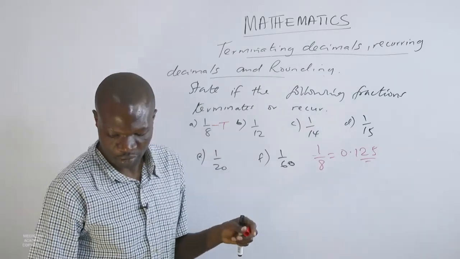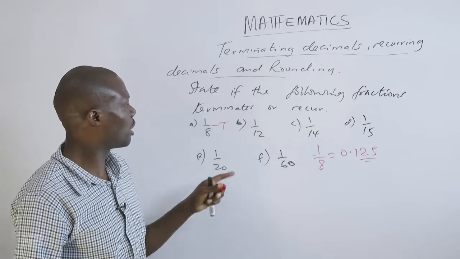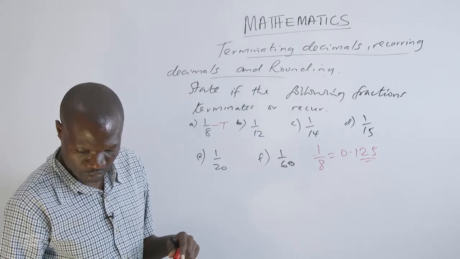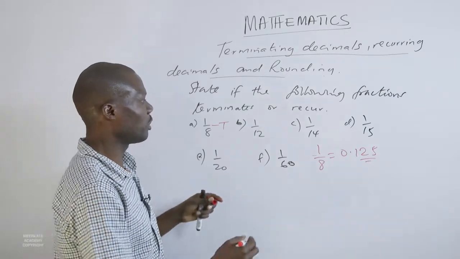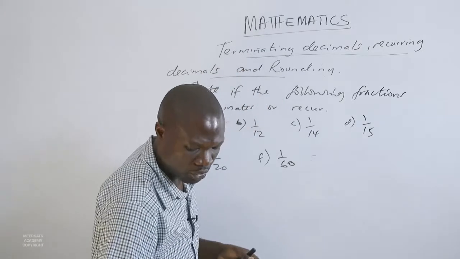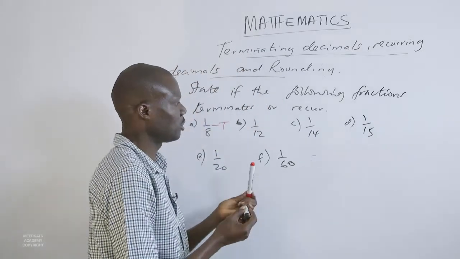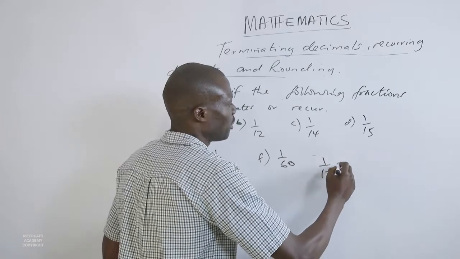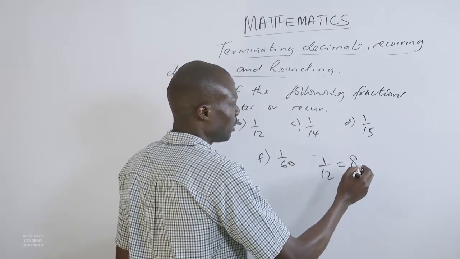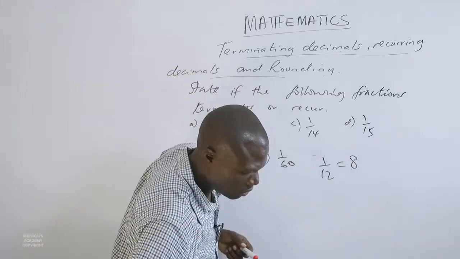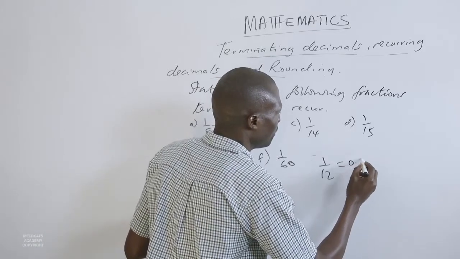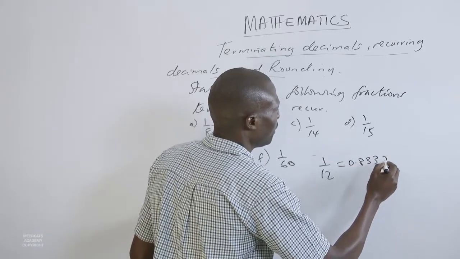1 over 12. Whichever method you'll use to work out, 1 over 12 will give us 0.08, and then 3, 3, 3.